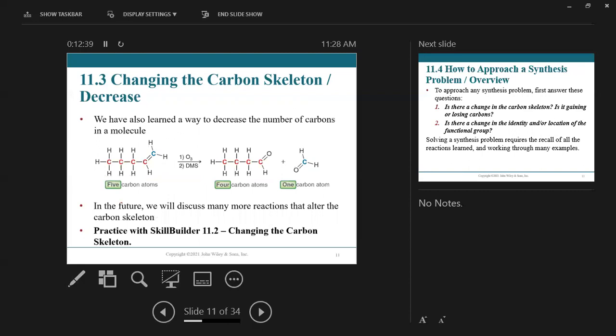So we have also learned a way to decrease the number of carbons in a molecule. So here we're going from 1 with 5 down to 4 and 1. And they're saying use these conditions right here. Remember, we break that bond right there.